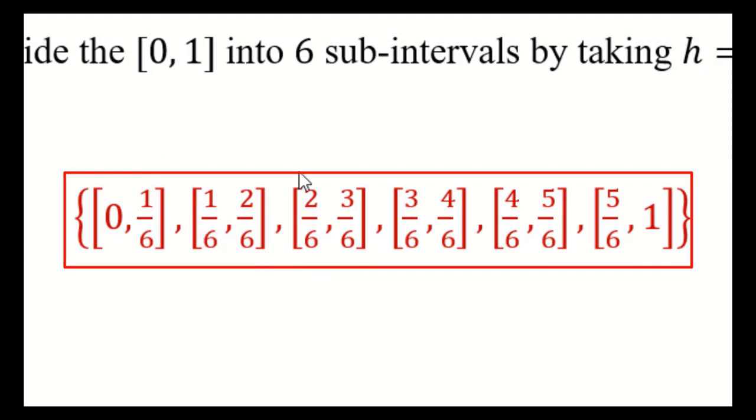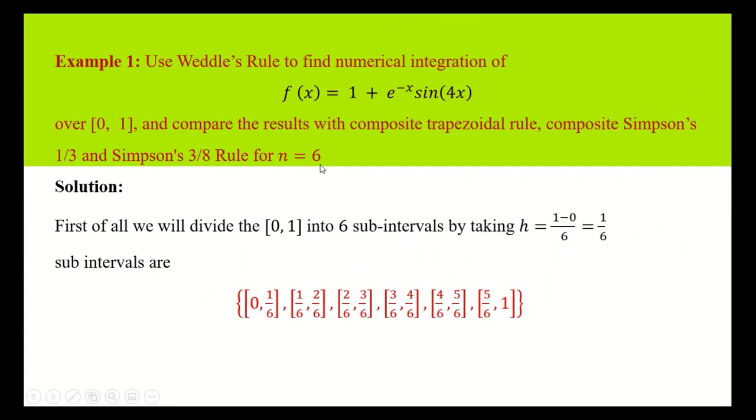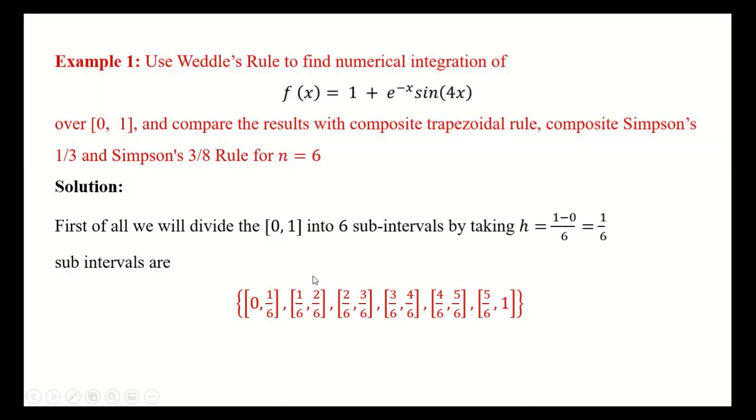So first of all we will find the values of the function f of x at these node points like 0, 1 by 6, 2 by 6 and so on, and then we will write a formula for n is equal to 6, and then after using those values we will get our approximated solution.